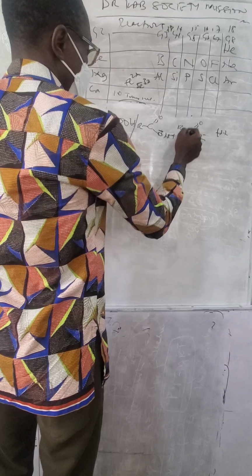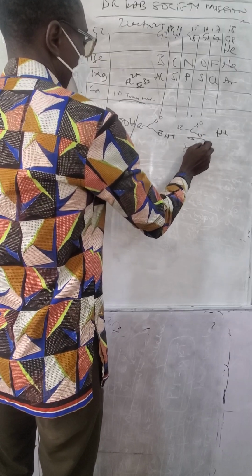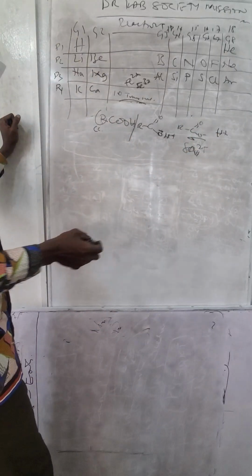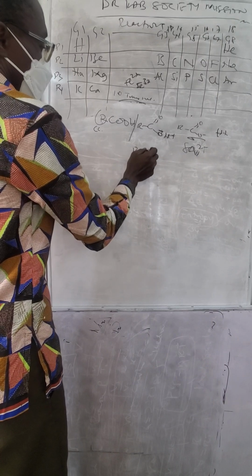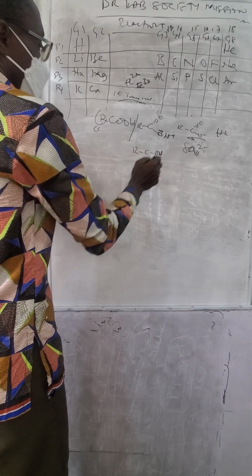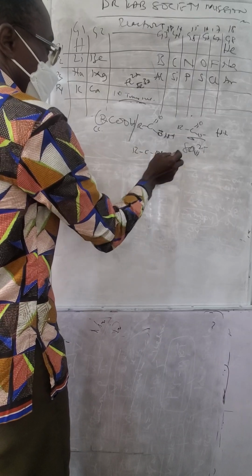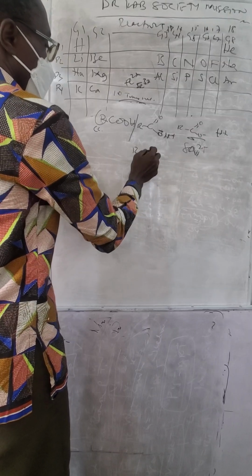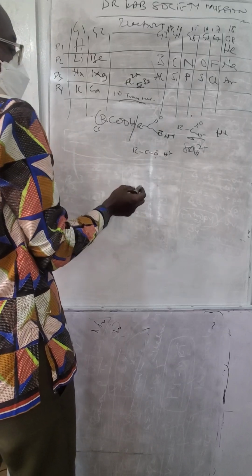So this is one of the... It's just like we have the sulfate, SO4 2 minus. If it is alcohol, it is written as this. So this one can also become this minus, something like that.